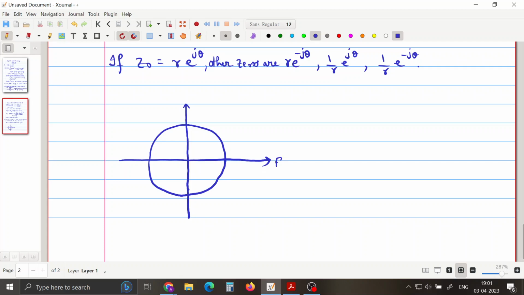This is the real part of z, this is the imaginary part of z.